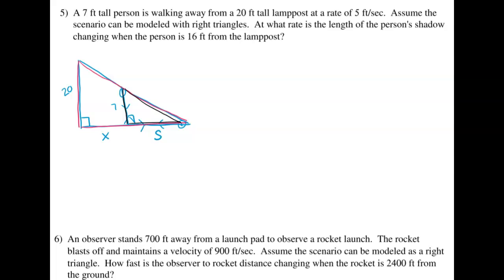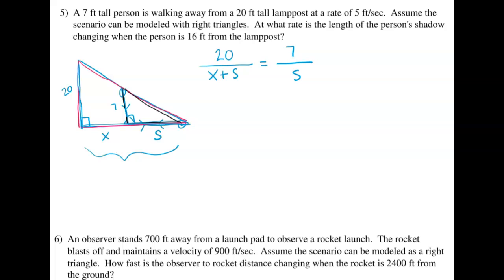So basically 20 over this whole distance, which is x plus s, equals 7 over s. Okay, so height to horizontal length equals height to horizontal length.